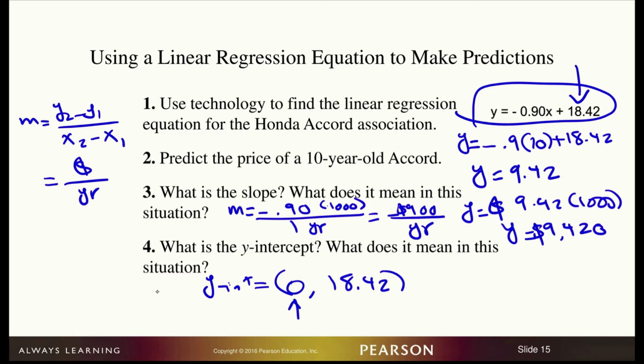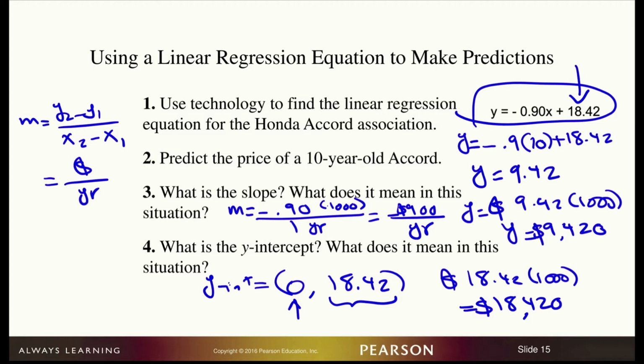So that means a brand new, 0-year-old Honda, according to this model, should be priced around that much. Remember, that's 18.42 times 1,000, which is in dollars, so $18,420, right?